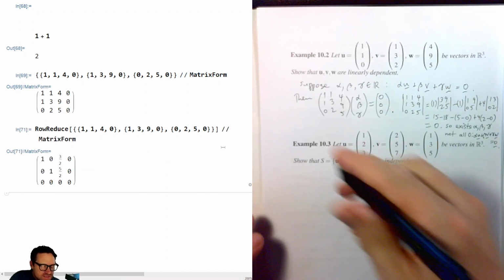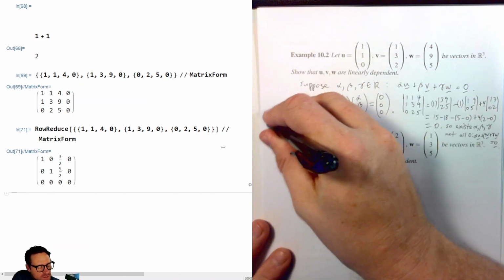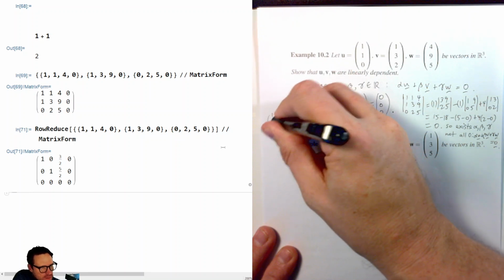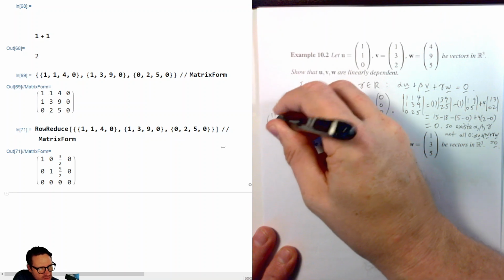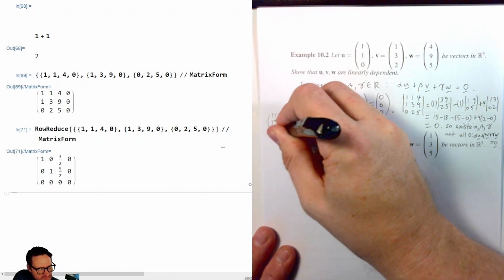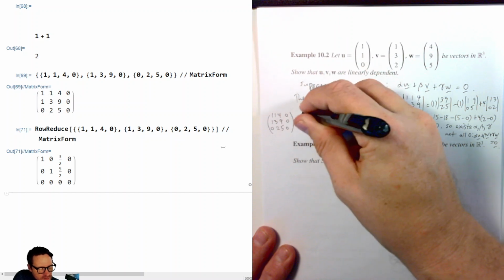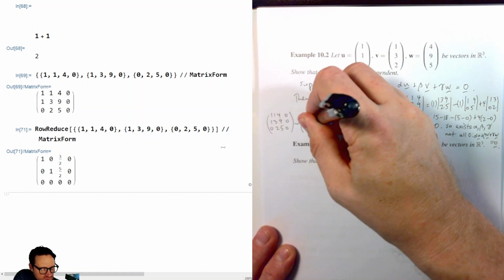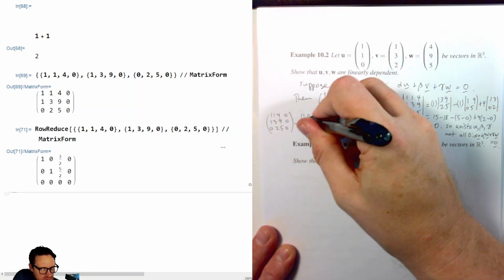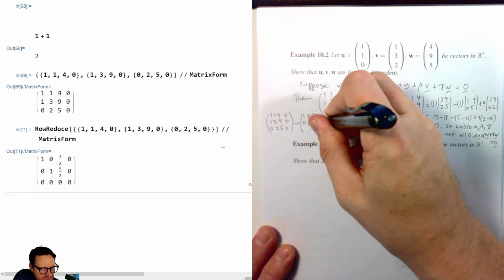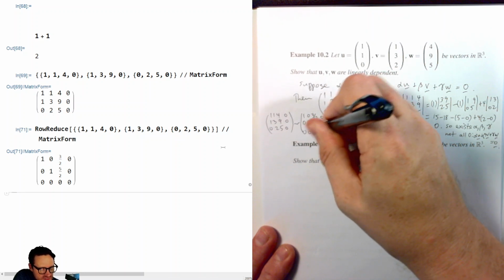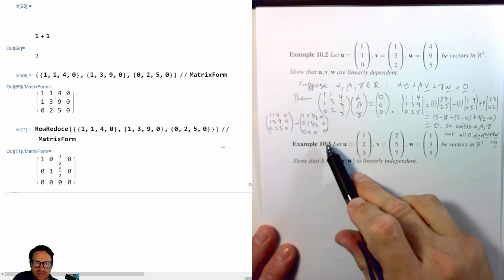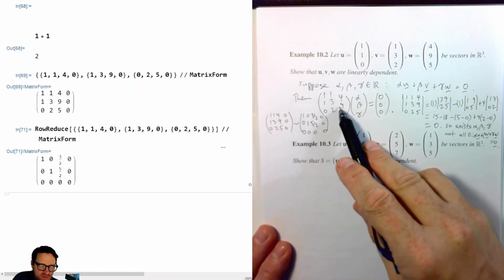Okay, so let's say that here in this little space, the matrix 1, 1, 4, 0, 1, 3, 9, 0, 0, 2, 5, 0 row reduces to 1, 0, 3 over 2, 0, 0, 1, 5 over 2, 0, and 0, 0, 0, 0. So you can see that the row reduced echelon form there has a row of zeros, right? Which tells you that matrix is not invertible.